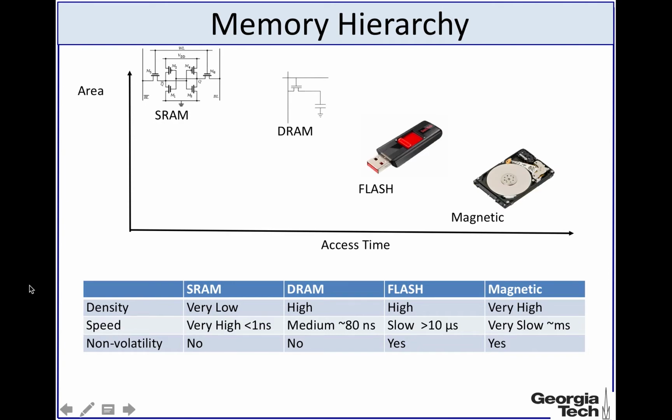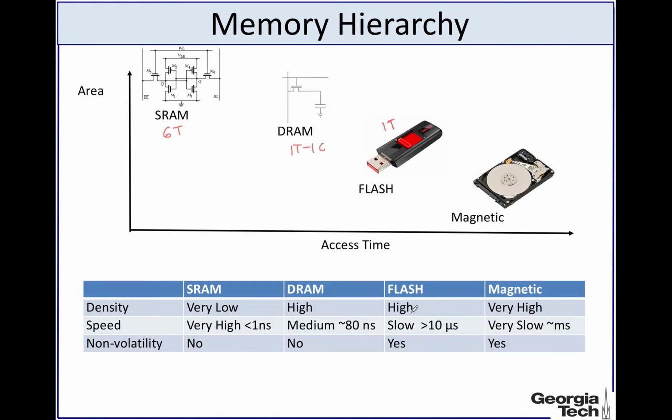So now what you can clearly see is that the flash or this floating gate memory technology is more area efficient than SRAM and DRAM. The reason is very simple. DRAM is one transistor, one capacitor, and SRAM is at least 6 transistors, while flash is a simple one transistor device, and as a result it's more area efficient than both SRAM and DRAM.